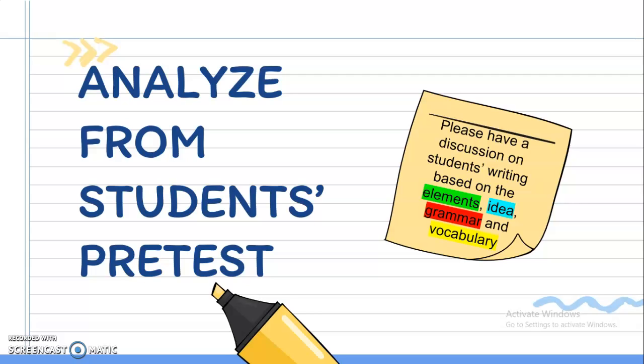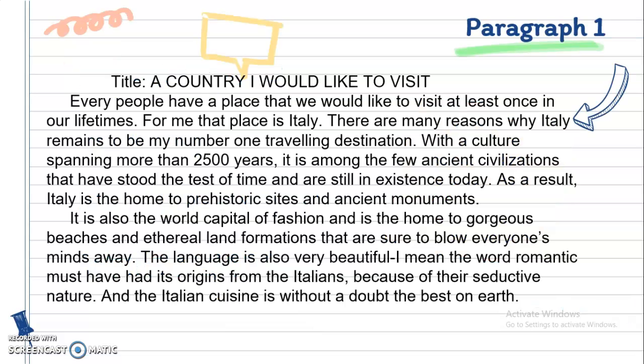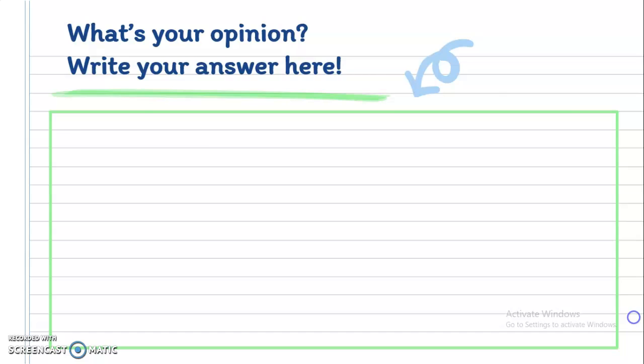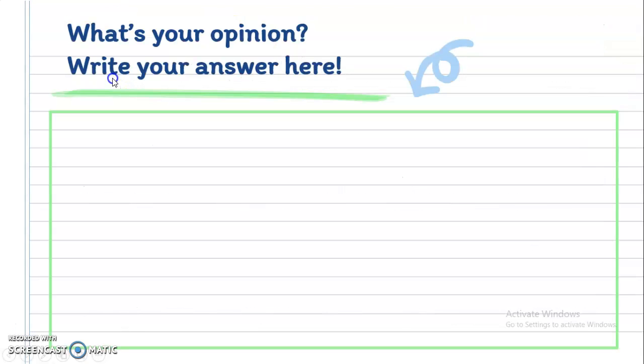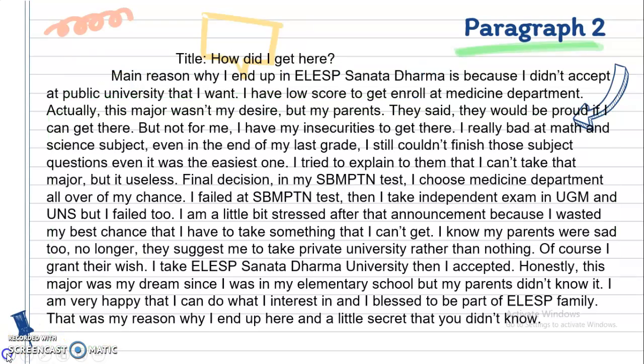All right, now I'd like to let you see the paragraphs. There are 6 paragraphs, and after you read it, you identify. For example, you can highlight the first sentence. Is it a good topic sentence or not?